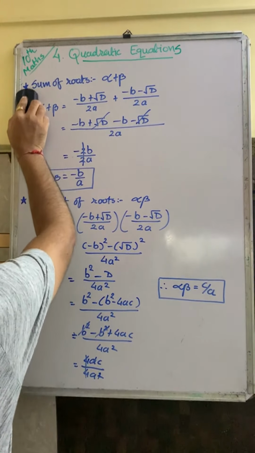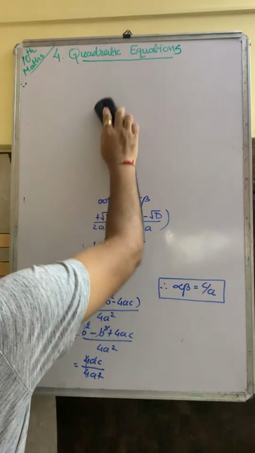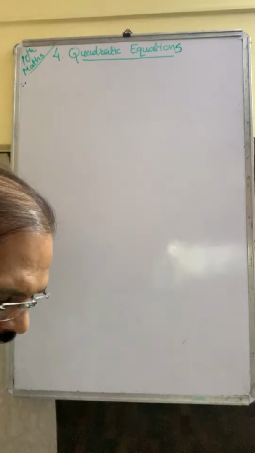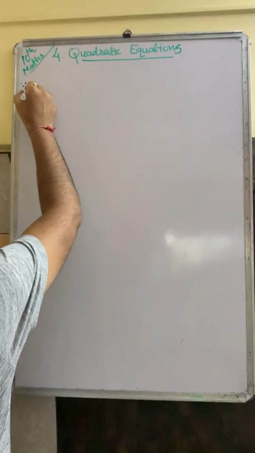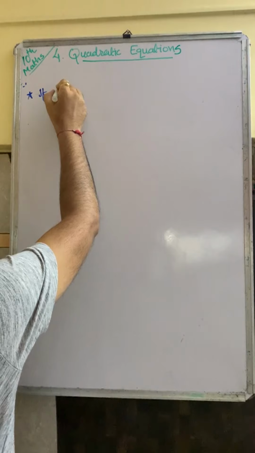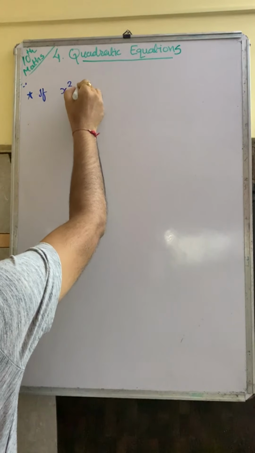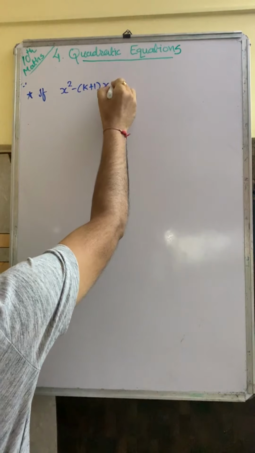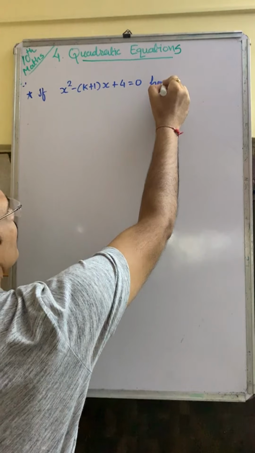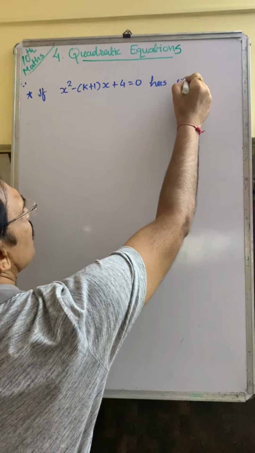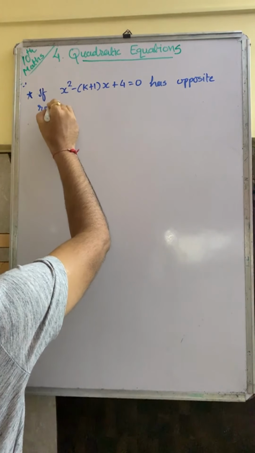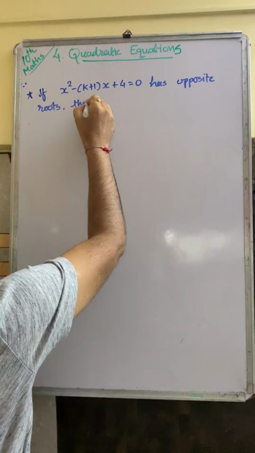Now see. Suppose the question is given like this: if the equation x square minus (k plus 1) into x plus 4 equals 0 has opposite roots to each other, then find k.